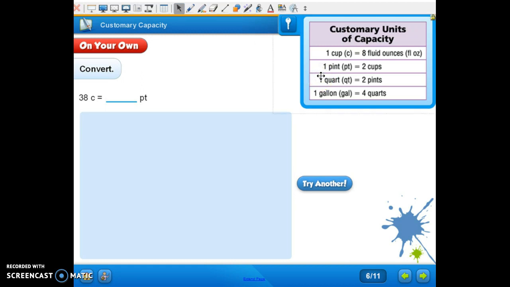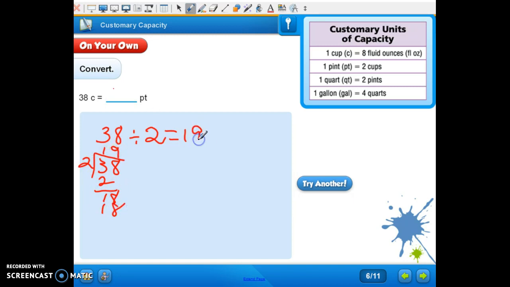So we're going to say 38 divided by 2, and that will give us the pints. 38 divided by 2. So we have 19 pints.